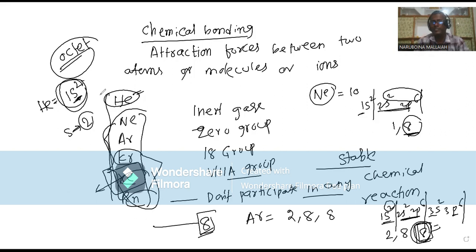That's why it is also considered an inert gas. That valency we call duet. This is octet, this is duet. So if any atom contains 2 electrons or 8 electrons in its outermost orbit, it is considered inert and stable.